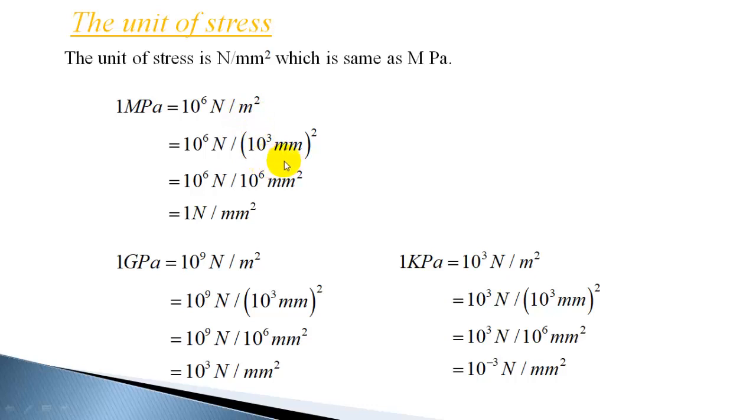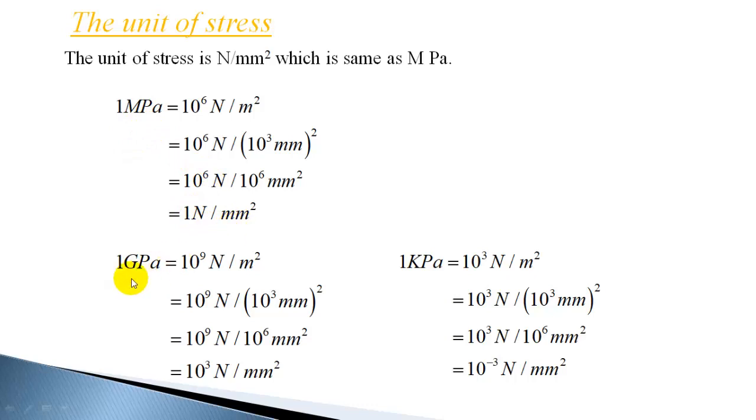So 10 raised to 3 mm squared gives 10 raised to 6 mm square. So in the numerator you have 10 raised to 6 and the denominator also 10 raised to 6, that cancels. You get 1 Newton per mm square. So 1 megapascal is 1 Newton per mm square.